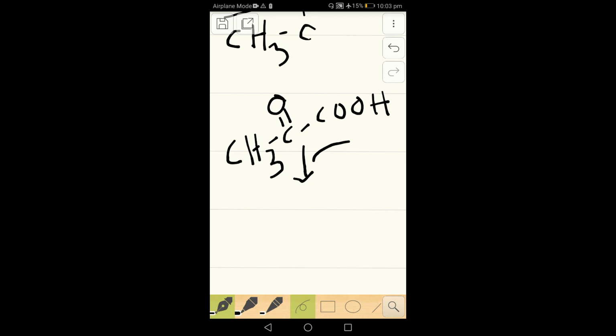That NADH will again react with this group, and NADH is strong enough to reduce the ketone group present in the pyruvic acid, but it's not strong enough to reduce the carboxylic acid group. So it acts like NaBH4, sodium borohydride, that you have studied in AS chemistry.